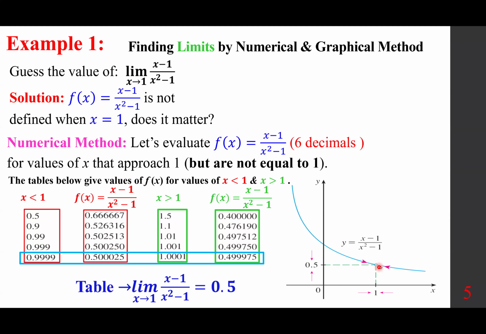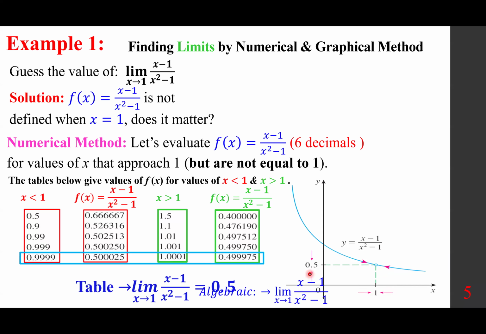And that's exactly what happens here because there's a common factor of x minus 1. However, as we approach 1 from the left and right, as far as the curve is concerned, they both take us to 0.5. So the numerical method gives us 1/2 or 0.5. The graphical method gives us 0.5 or 1/2.